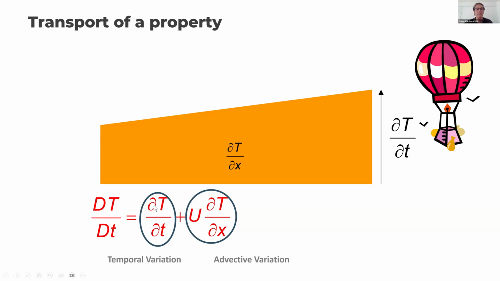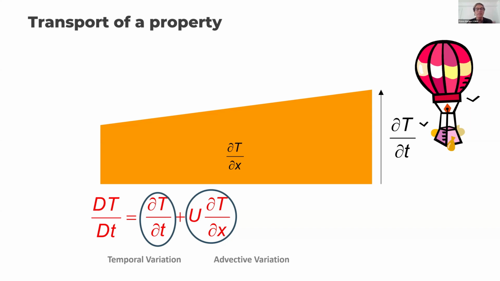This way of describing the same process, the change of temperature, is based on someone like us that is fixed in space and looking at what is happening, but not moving with the flow. So this is called the Eulerian perspective, okay?